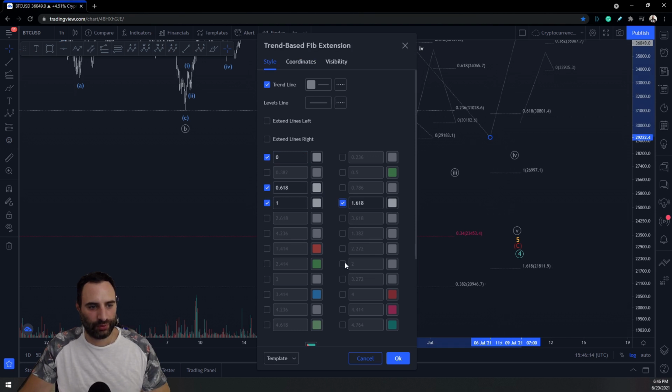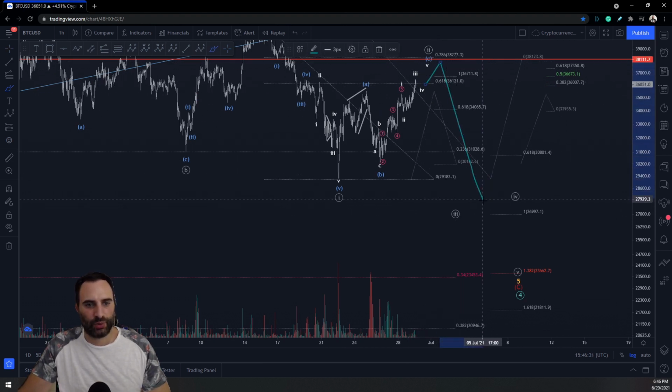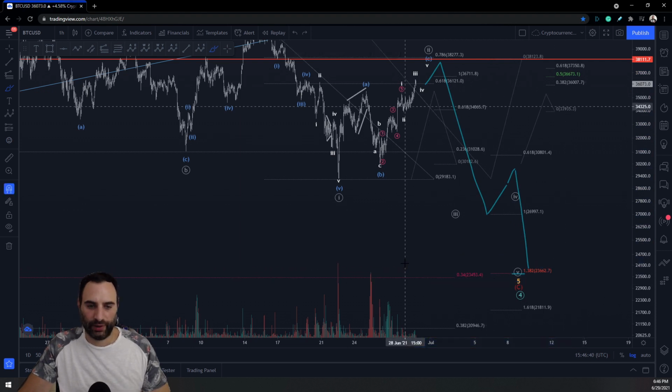Then I want to do the 1.382 to be fair. Yeah, and it comes very near to the levels that we're expecting. Okay, so if that happens, we'll come up here, we expect wave 3 at 27, then we're going to get 4, perhaps even around 30, 31, and then 5 down at our long-waited 23, 24K area.